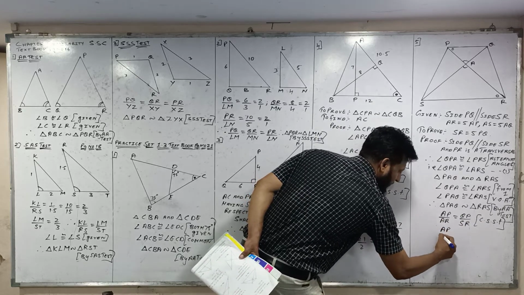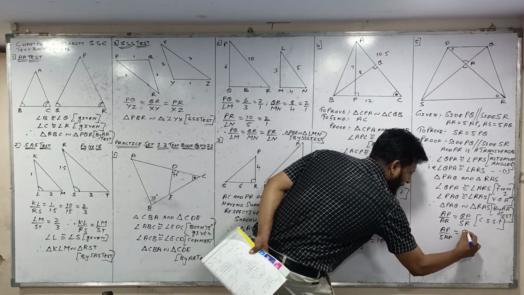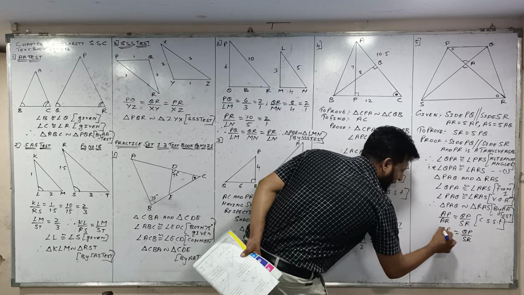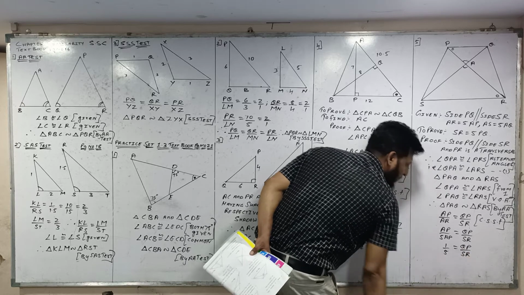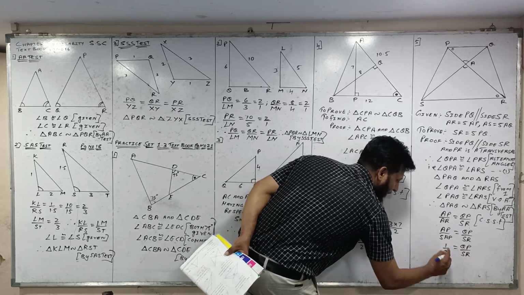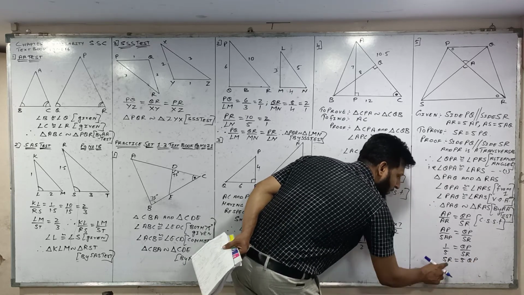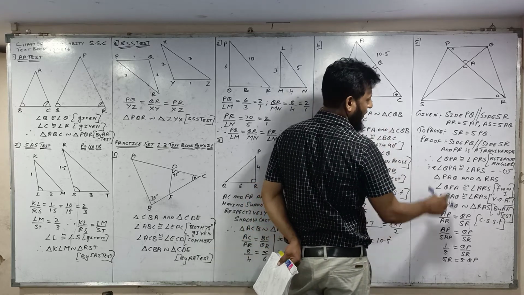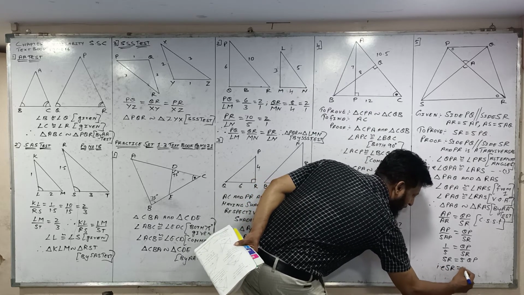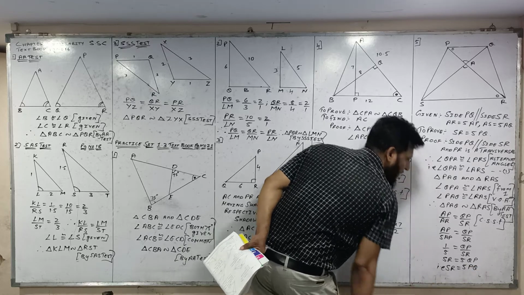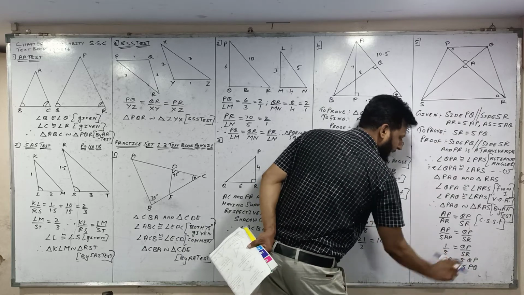Now AP as it is, and the value of AR is given, AR is 5 times AP, and QP and SR as they are. AP cut, 1 upon 5 is equal to QP upon SR. Now cross multiply, SR multiplied by 1, SR is equal to 5 times QP. So now we have proved it: SR is equal to 5 times PQ. QP or PQ, both are the same segment.